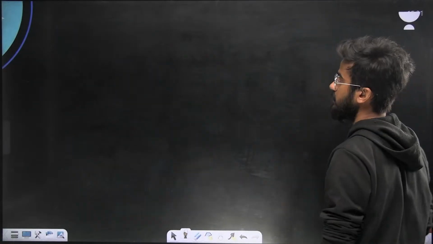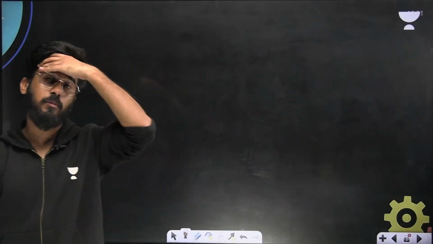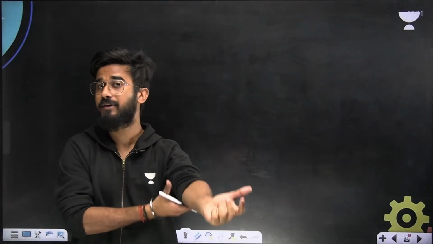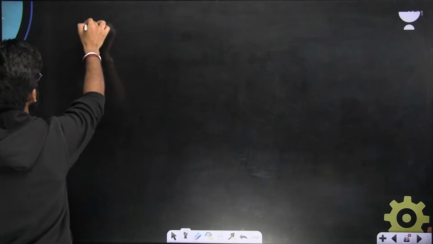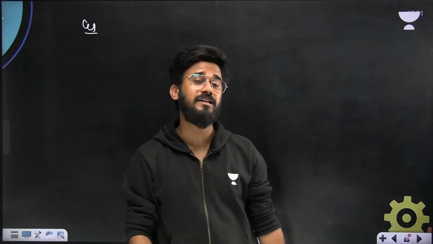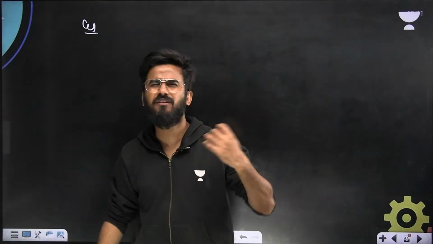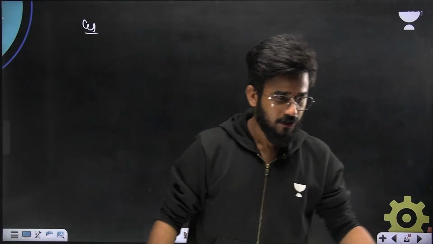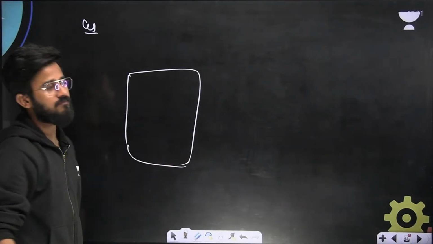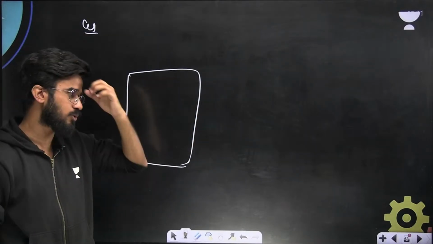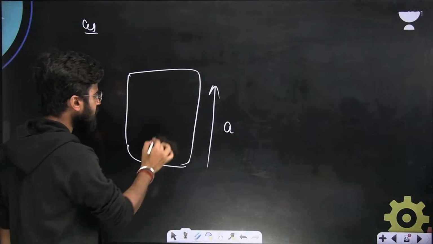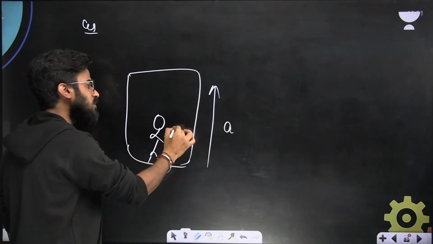Now let us move on to the next thing. Suppose there can be some lift problems also on this pseudo force, and these are also being asked in the mains. So these are very simple problems. Just let us understand very clearly that suppose there is an elevator, like the ones in malls. So there is an elevator which is going upward with acceleration a, and there is a man standing whose mass is m.